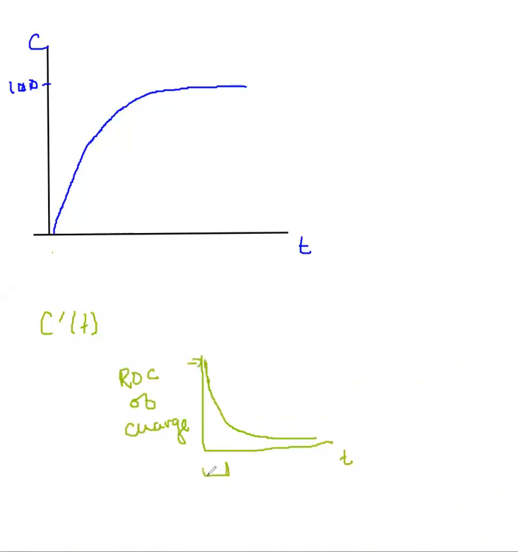And then sooner or later, I start to charge much more slowly, and then eventually I'm charging at a nearly indiscernible rate, and that's essentially when I've hit my 100%. So it's charged, and once I hit that, I can't really do any more charging. But it is charging the fastest where it's the steepest.